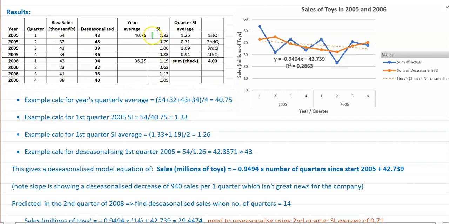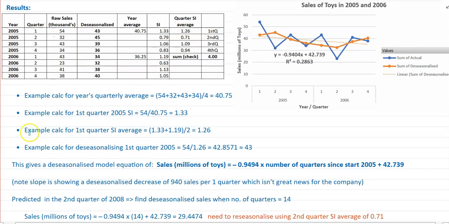From there, once I've found all my seasonal indices, I would then check that each year's seasonal indices add to 4, which they do. I then need to go ahead and find my average seasonal indices for each quarter. So the example I used was finding the first quarter seasonal average.